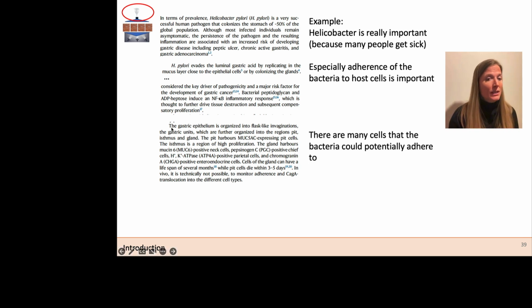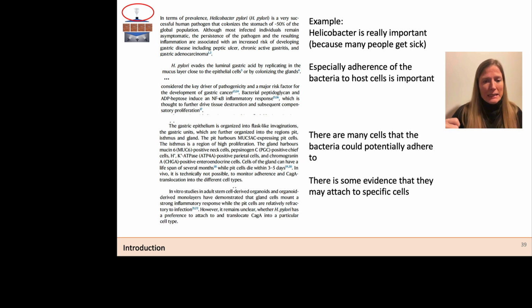So I need to tell you, the gastric epithelium is organized into flask-like invaginations, the gastric units, which are further organized into the regions pit, isthmus, and gland. The pit harbors MUC5AC expressing pit cells, etc. So I really go down from the overall structure to the different cells that are there.